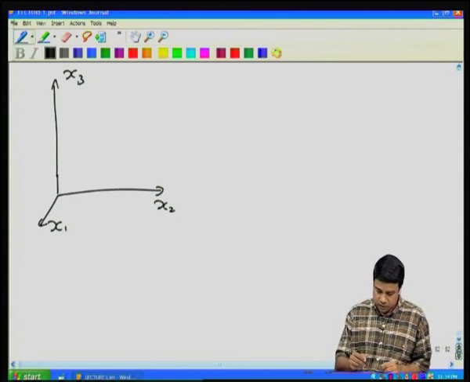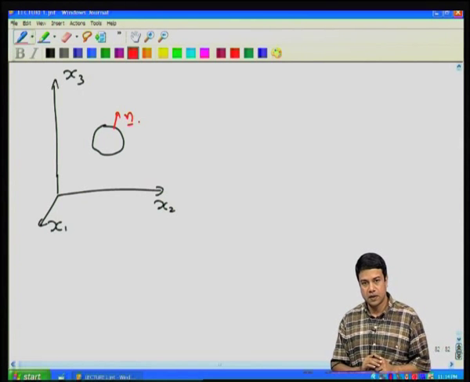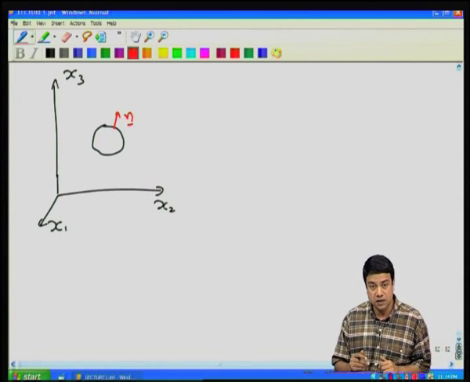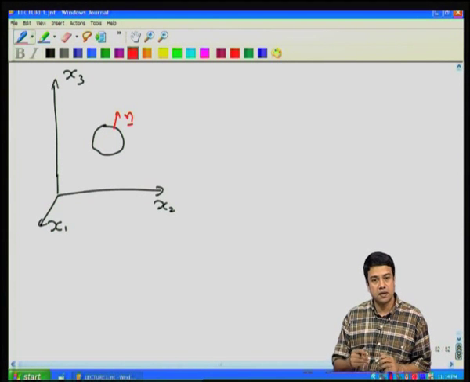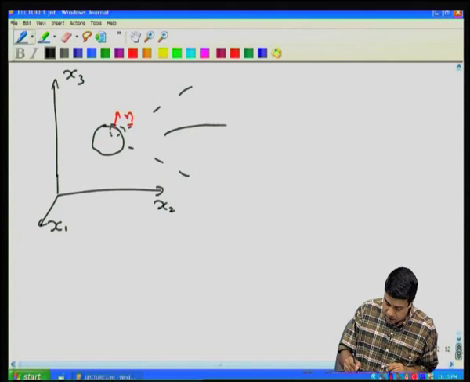If I have a volume with some unit normal n, the surface force Ri is the force that is exerted on the surface of this volume. That is the force exerted by the outside fluid on the inside fluid. So, if I expand out this little differential volume here for you, this is the surface.